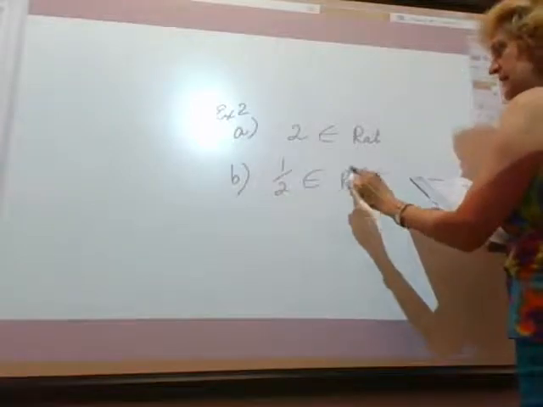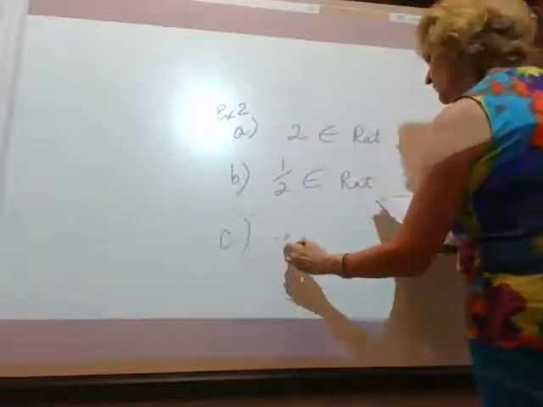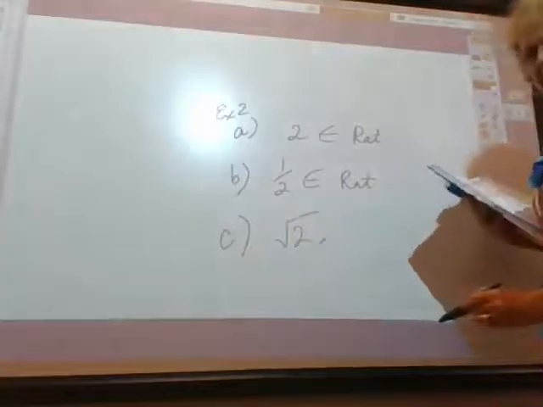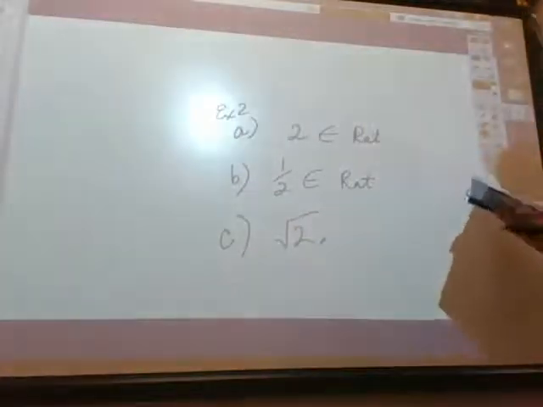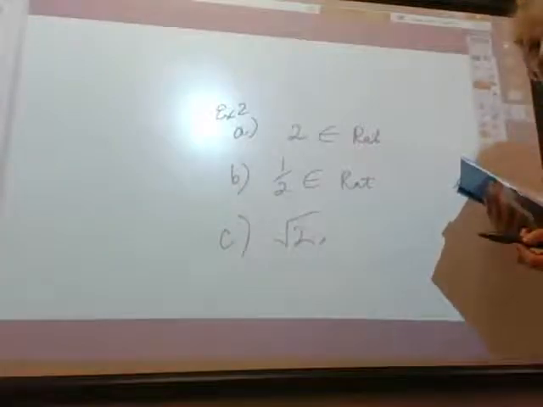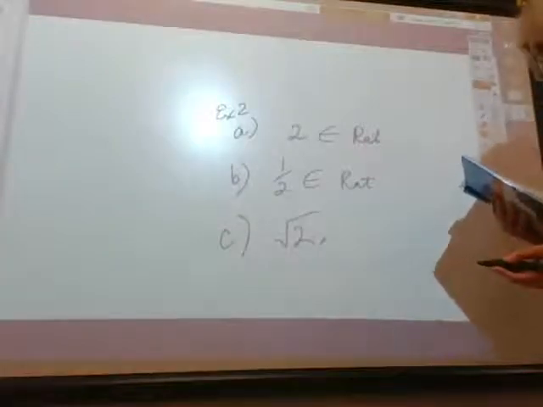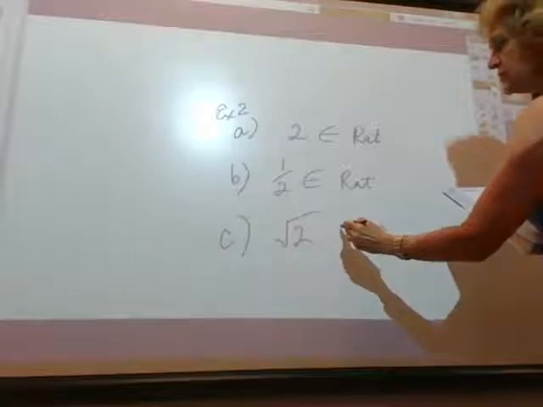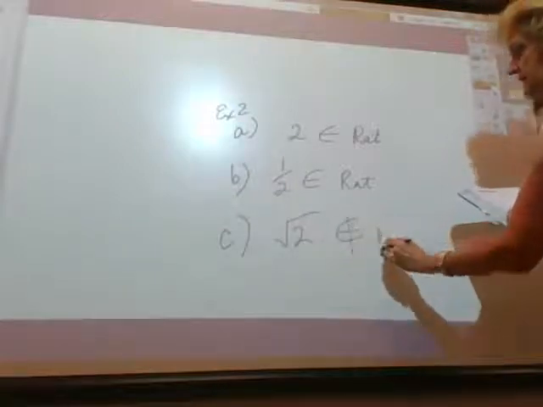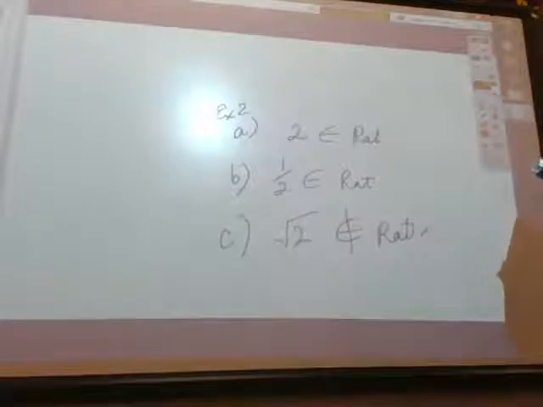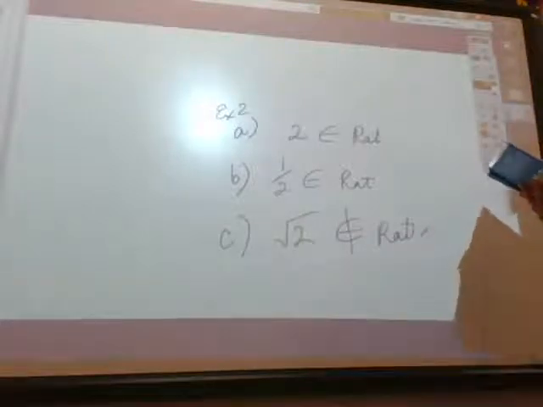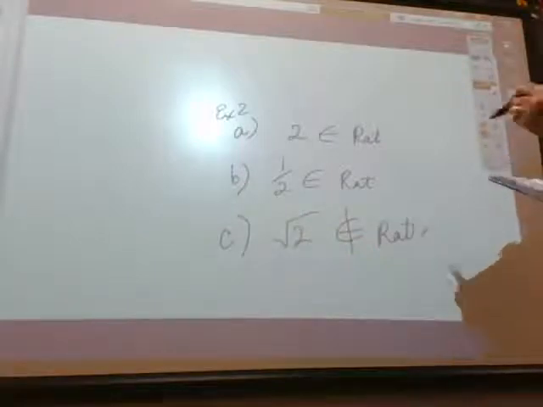Yes. And then C, radical 2. Is that a member of the rationals? Oh no, that's irrational. Remember, irrationals are decimals that do not repeat and do not terminate. Radical 2 would not be a member of the rationals. Another number that wouldn't is pi, or radical 10.